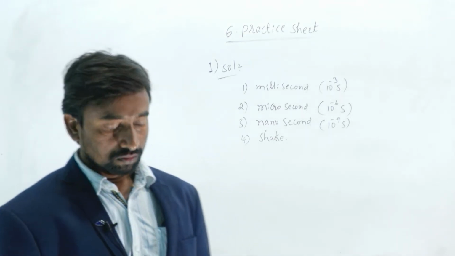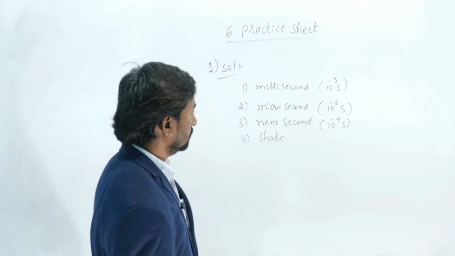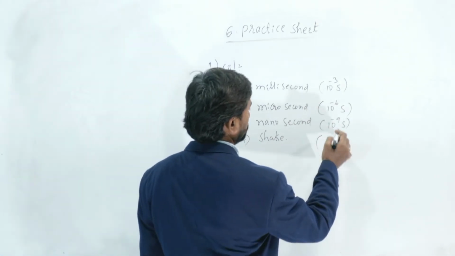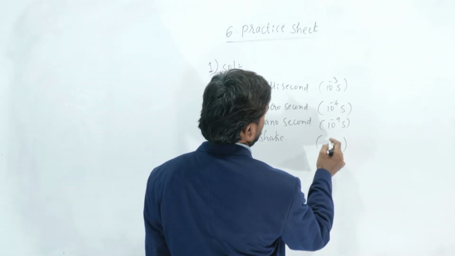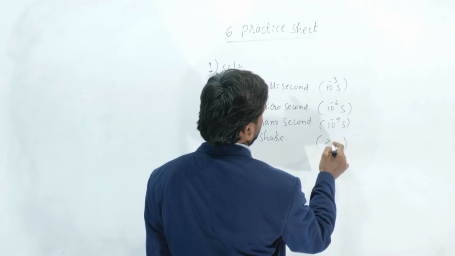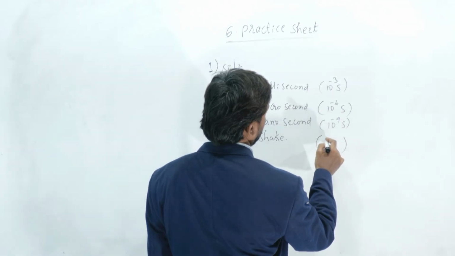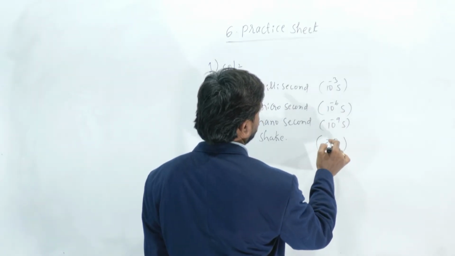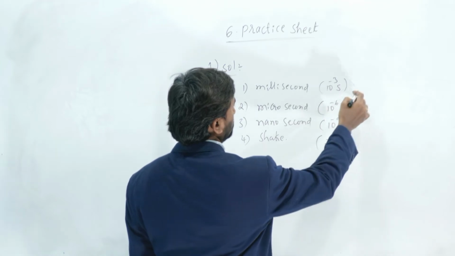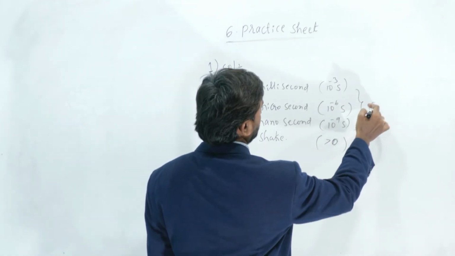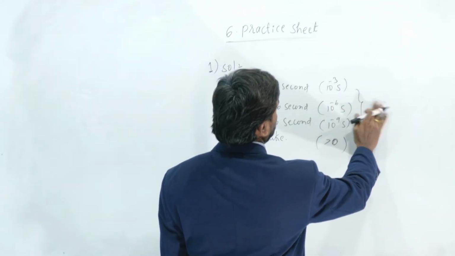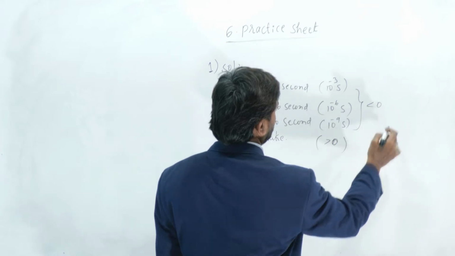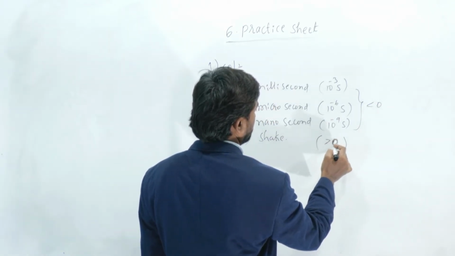Okay. So this is a millisecond, and this shake is greater than all of these. So greater than 0, these are all less than 0. These are all less than 0 values, and this one is greater than 0.